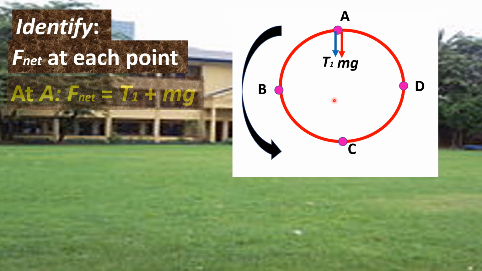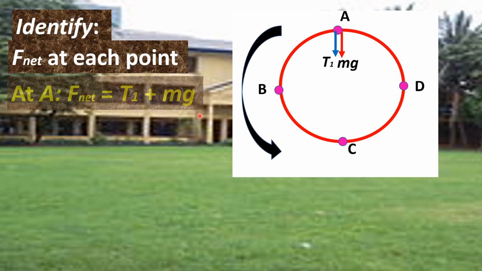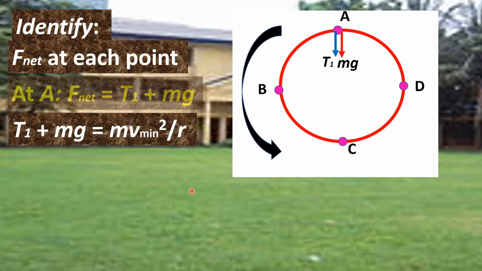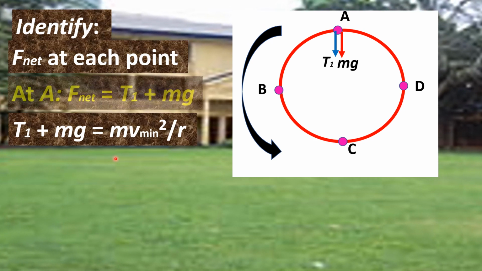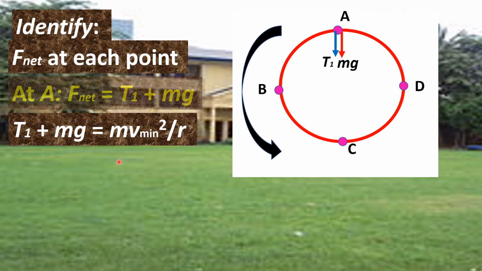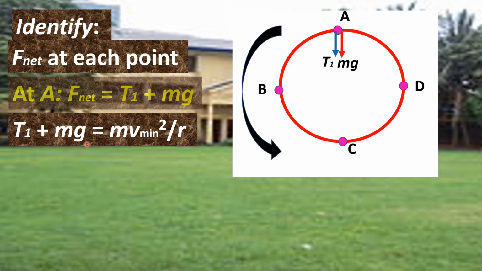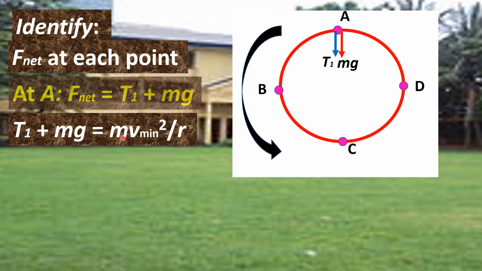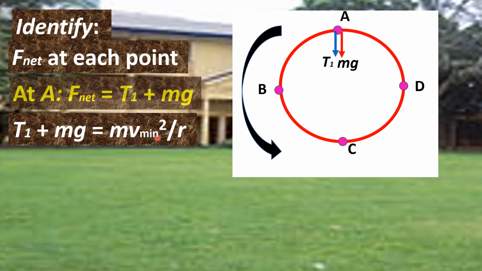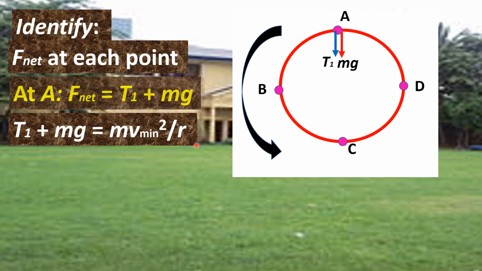And if you're going to equate this net force to the formula for what we call centripetal force, mv squared divided by r, so the net force T sub 1 plus mg, which is the weight of the ball, is equal to mv squared over r, where the speed here is considered the minimum speed of the ball.